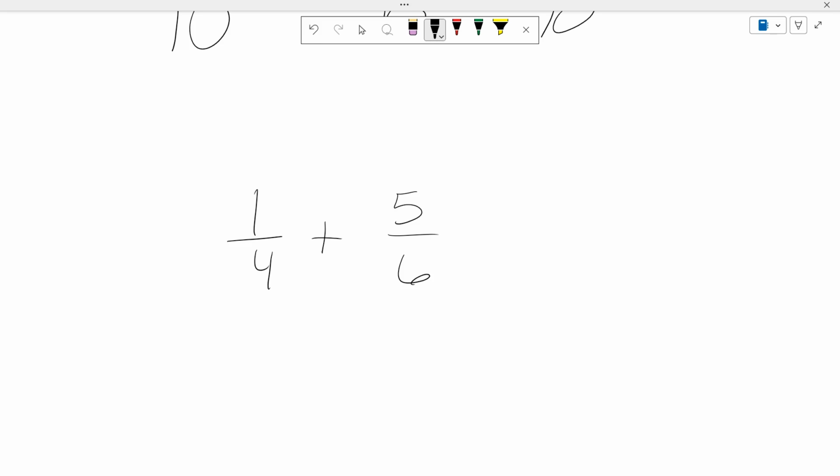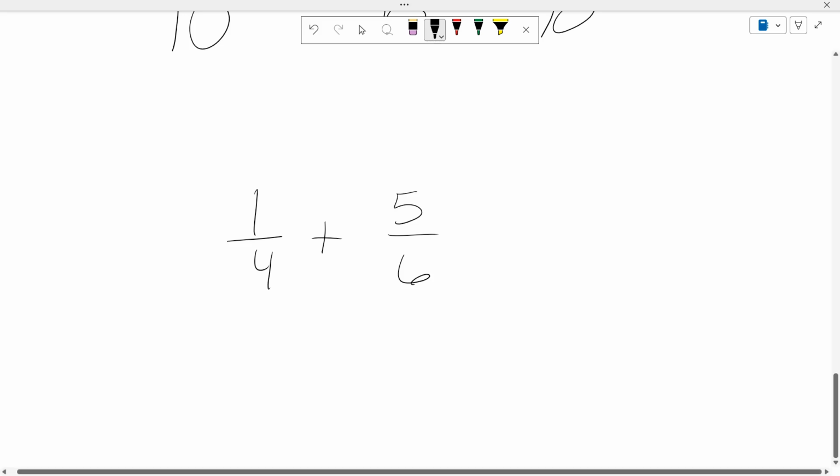There you go. David got it. Ulysses has it. 1/4 plus 5/6. Get a common denominator. You got it, Braden. Good job. 1/4 plus 5/6. Good job, Danny. Yep.